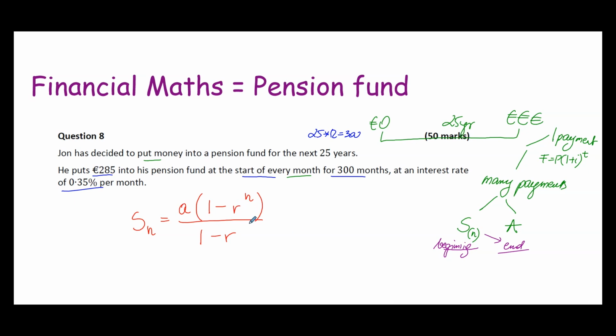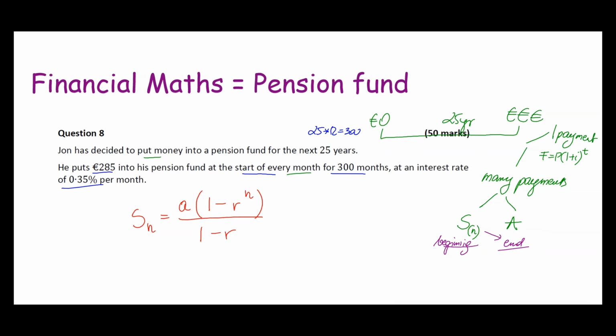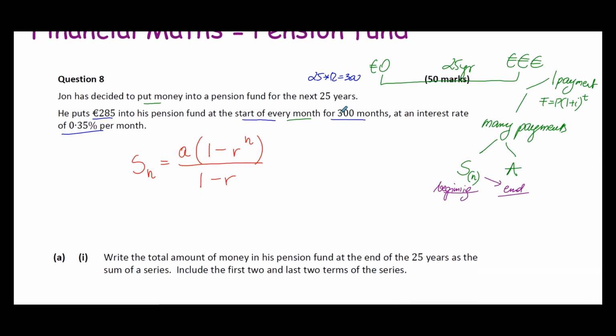Depending on how you've been taught, I like to follow logic. What do I mean by that? When he goes to the bank the very first time, this is the 25 years time, this is the beginning. This is when he takes the decision that he's going to do it. He goes to the bank or pension fund, doesn't matter. Today he decides, today he gives them money.